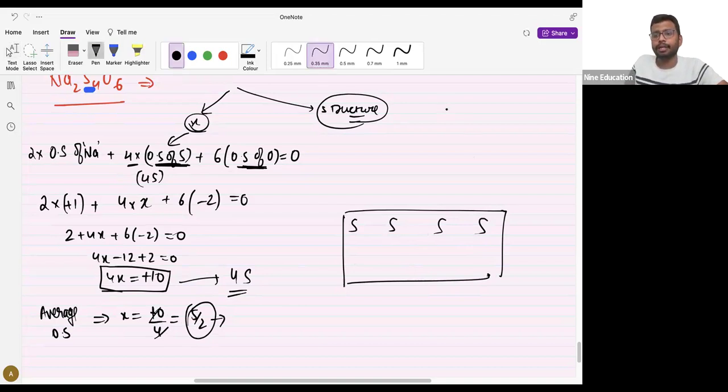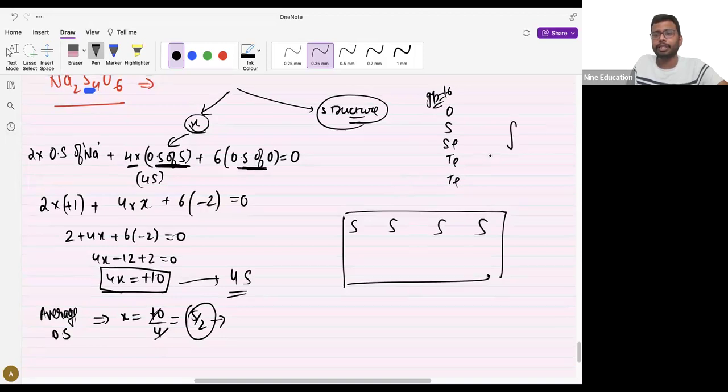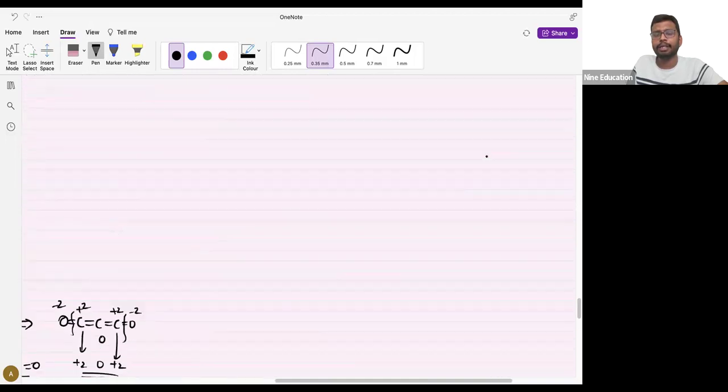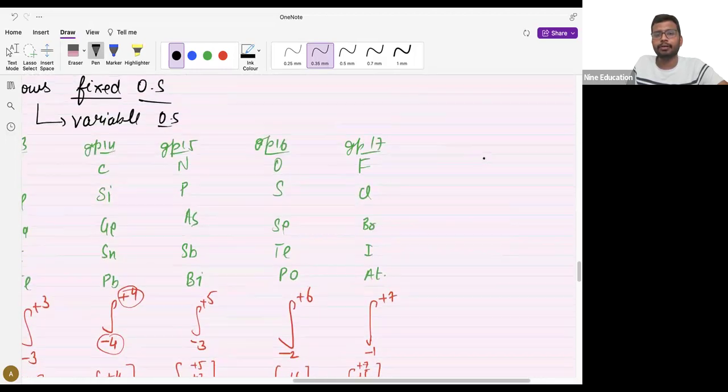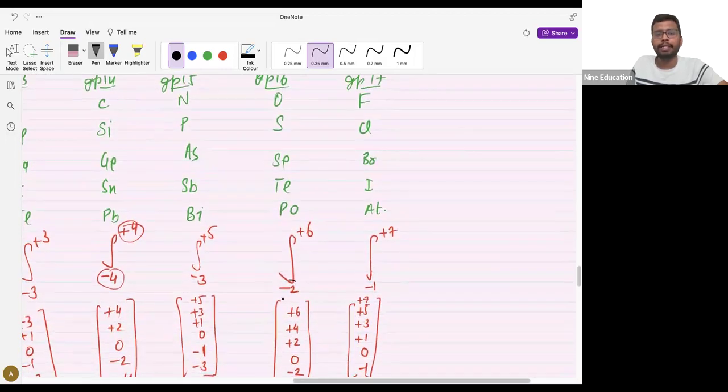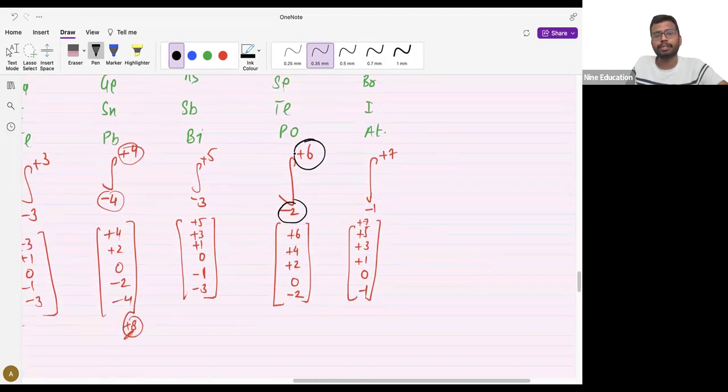See, sulfur is in which group? Group number 16. And the range of oxidation state for group 16, we have learned, is -2 to +6.